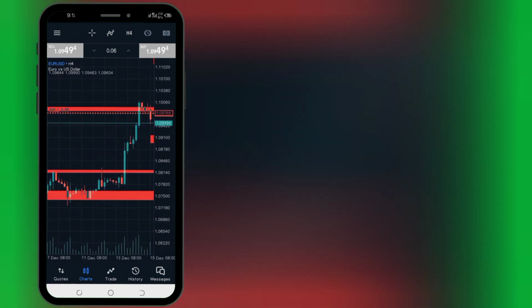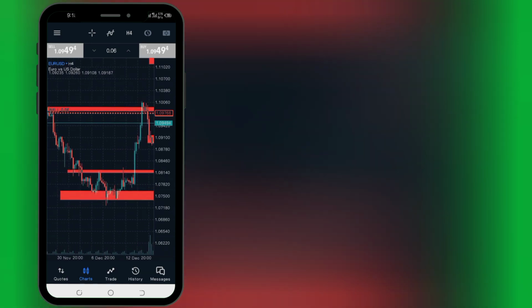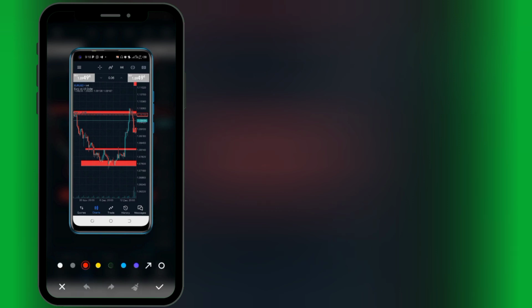As you can see right here, the market was consolidating. Let me use this as an example. The market was consolidating around this zone right here, and when the market broke out, I took a buy trade.